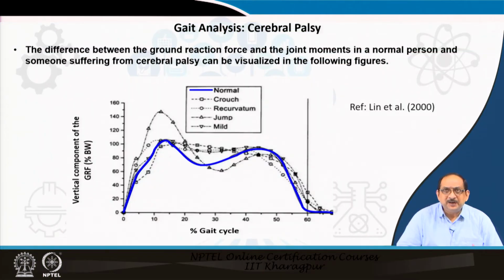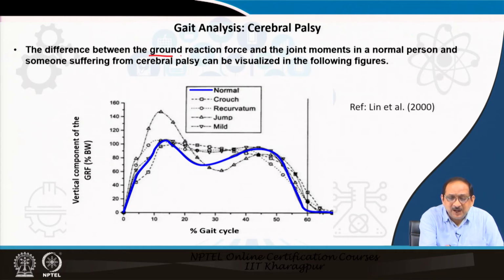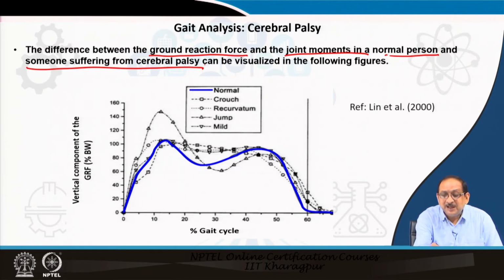Let us focus our attention on the deviations in the ground reaction force and joint moment for cerebral palsy patients. The difference between the ground reaction force and the joint moments in a normal person and a patient suffering from cerebral palsy can be visualized in the following figures.